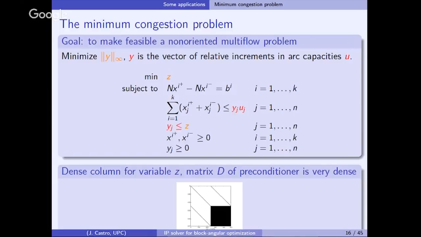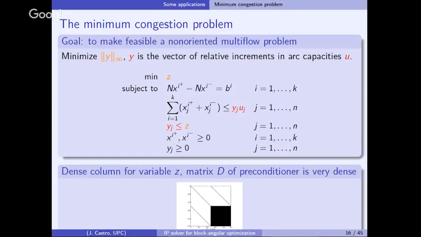I mean, U is the capacity of the arcs. And we add the total flows, and we force the total flows to be less or equal than the capacity, and that problem is infeasible. So this is an infeasible multi-commodity flow problem. So the purpose of the minimum congestion problem is to increase the capacity of the arcs to guarantee that the problem becomes feasible.